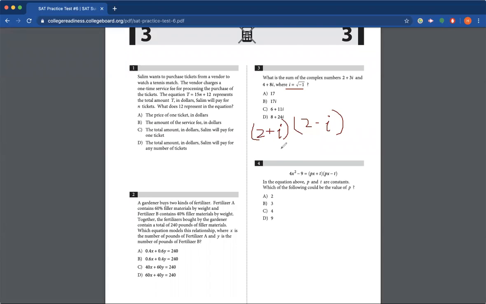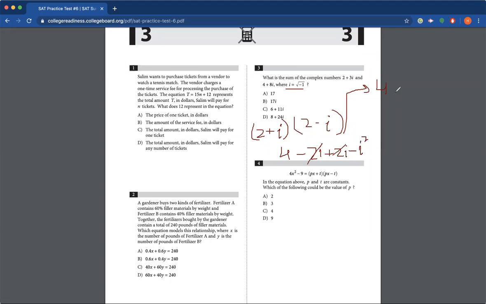If I open this out, I get 4, 2 times this is negative 2i, and I get positive 2i. And then I get negative i squared. So we see that the 2i's cancel out. Now this i squared, we know i is the square root of -1, so i squared has to be -1.